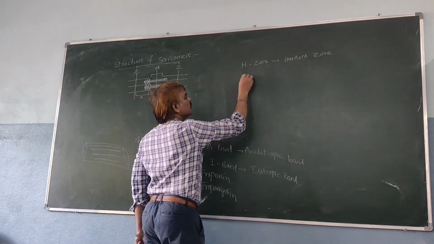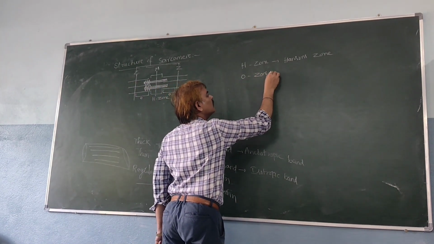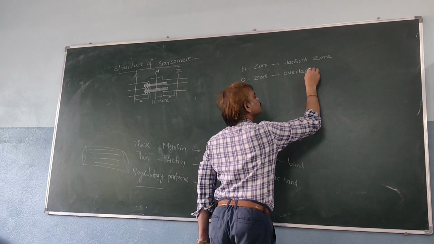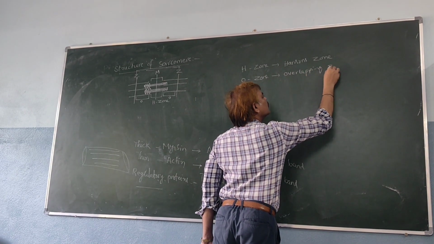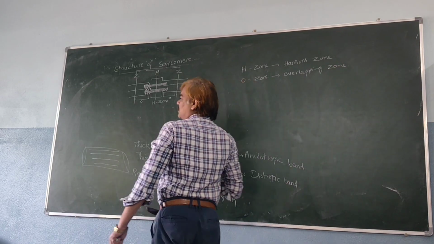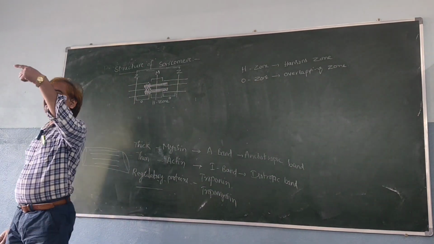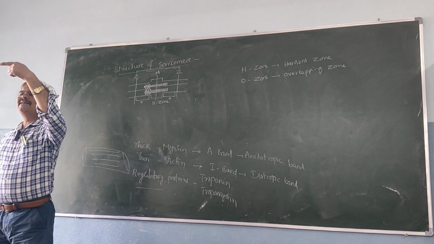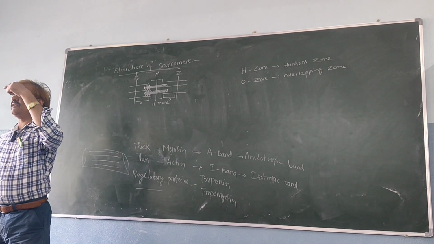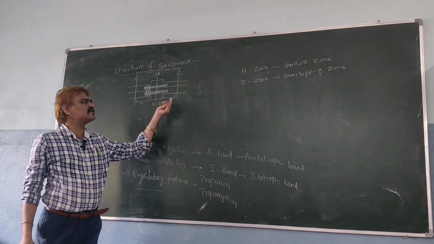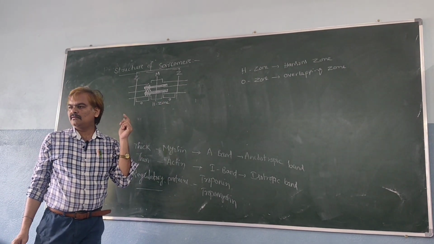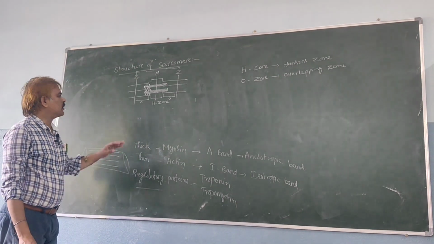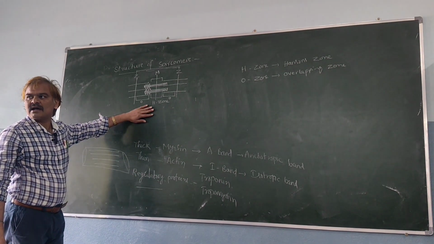Overlapping means one thick band and one thin band. Here thin and thick bands are overlapped with each other. That is the reason why it is called the O zone. Clear? Overlapping zone. So this is the total structure of the sarcomere.